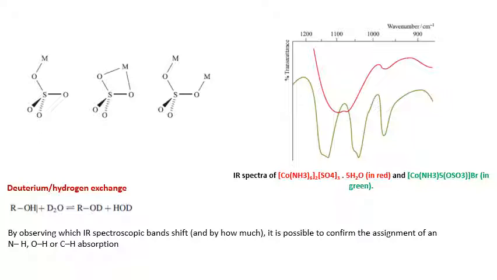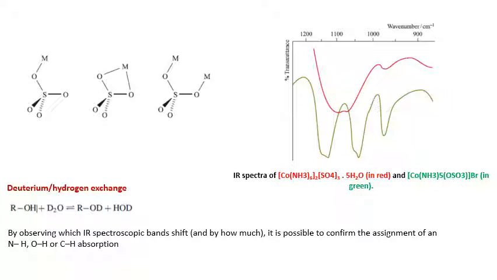For example, NH, OH, and CH bonds all absorb around 3000 to 3600 centimeter inverse. However, if a compound contains CH, NH, and OH bonds, it is difficult to analyze this kind of spectrum. So in that case, if you treat the compound with D2O, usually only NH and OH groups undergo rapid deuterium exchange reaction.